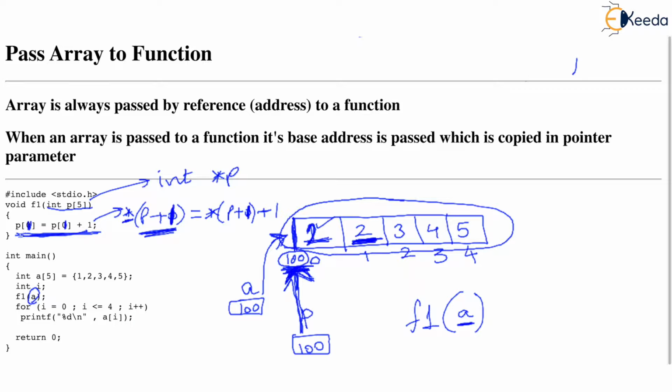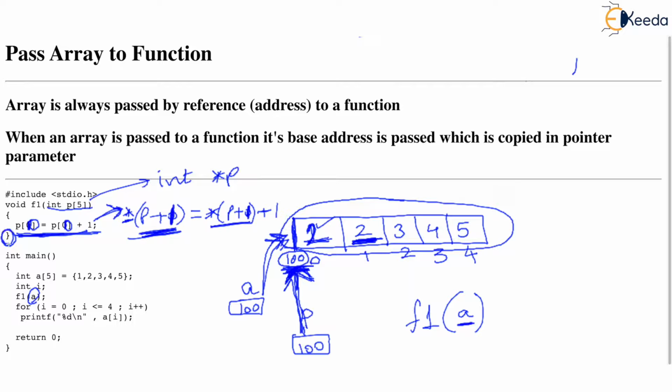So although you have written p[1], you know how the C compiler is going to convert this into pointer notation, because it knows that p is a pointer which points to the base address of the array. So where were we? We said that this line is p[0] = p[0] + 1, and then the function ends.